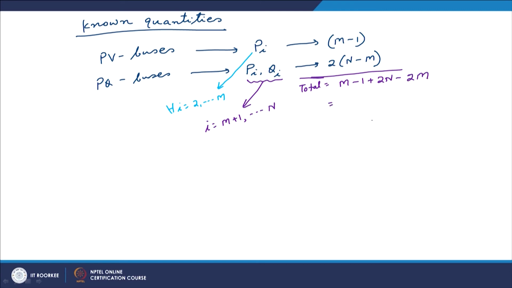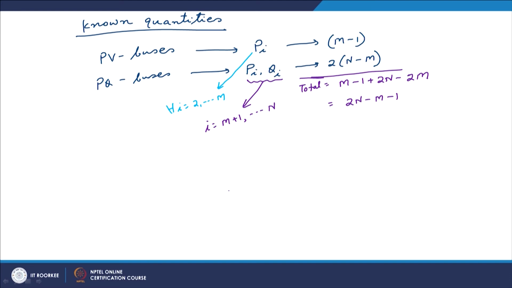So, then therefore, it is 2n minus m minus 1. Now what happens? I have unknown quantities equal to 2n minus 2, and my known quantities are only 2n minus m minus 1.